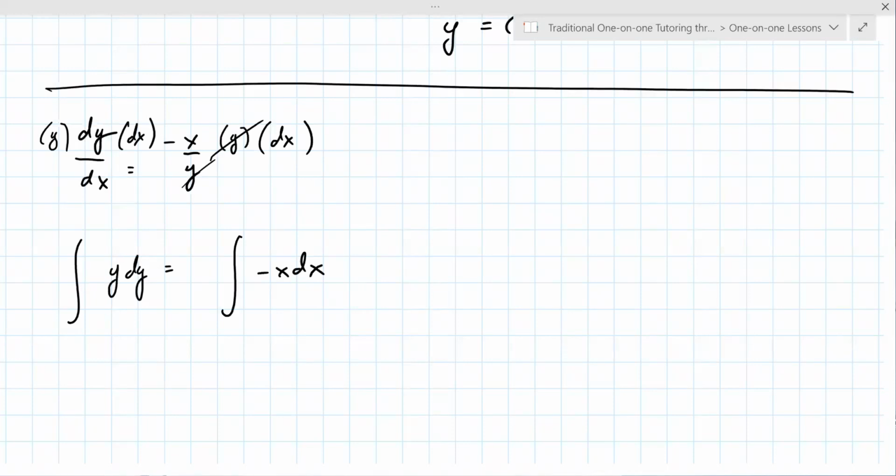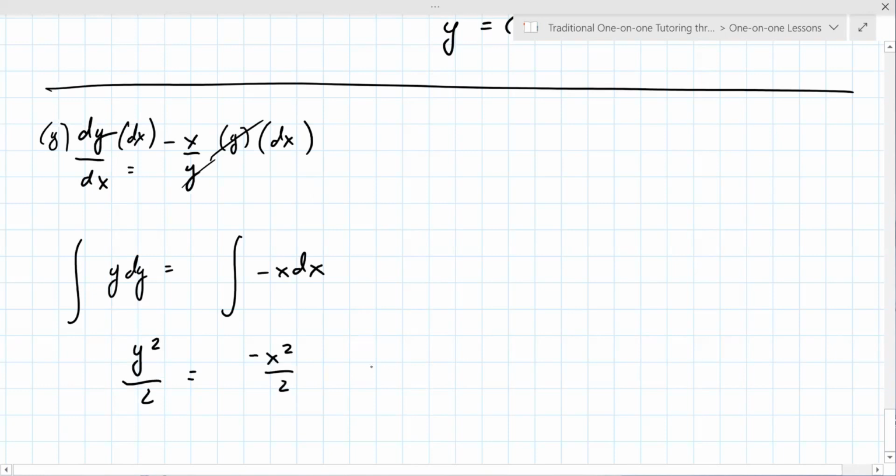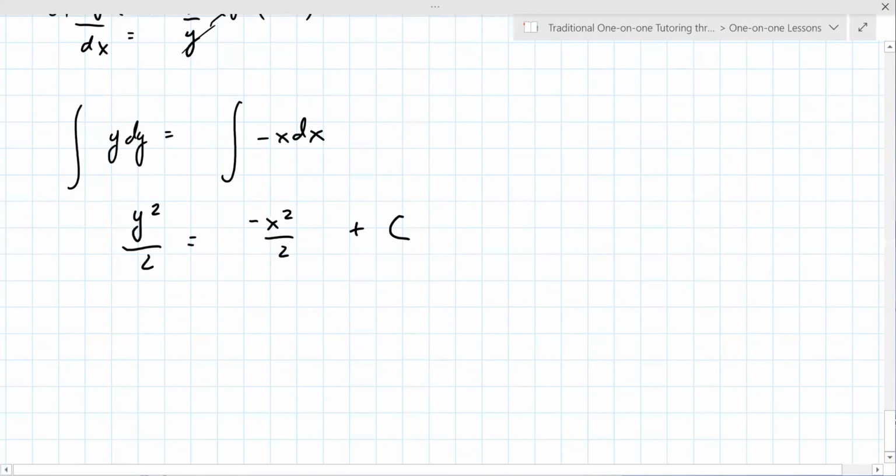So that's y squared over 2 equals negative x squared over 2 plus c. Oh wait, so you're trying to get y by itself, right? Well, let me give you an initial value here. Let's say 4, 4.